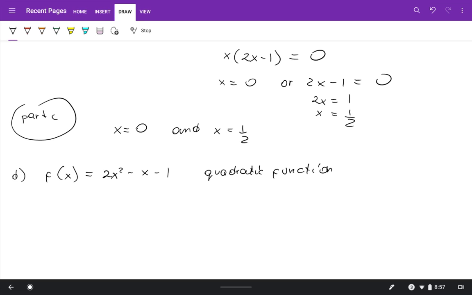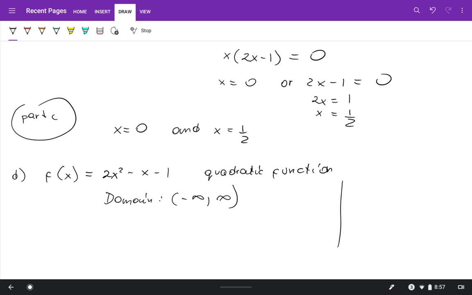For a quadratic function, domain means for which x values you can evaluate that function. Here you don't have a square root, you don't have a fraction. So domain in those cases will be all real numbers. Domain is your input, so your x values are all real numbers.